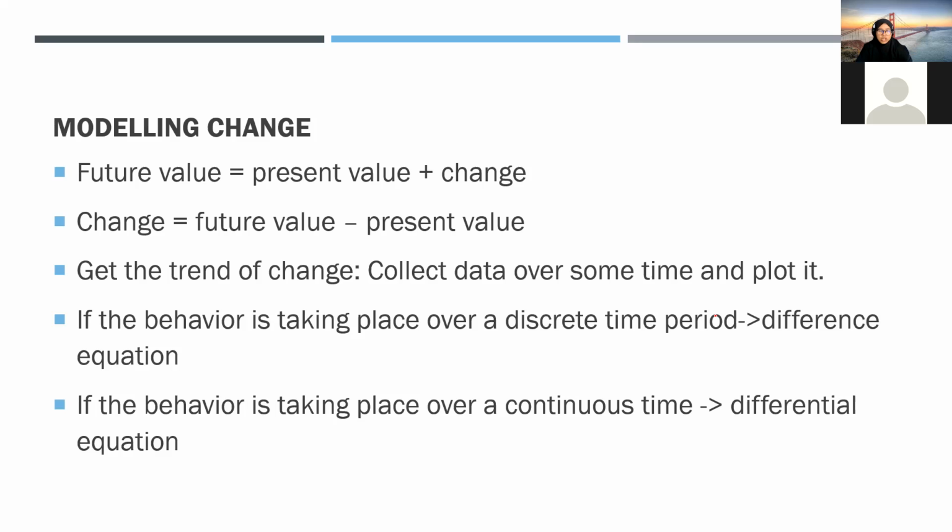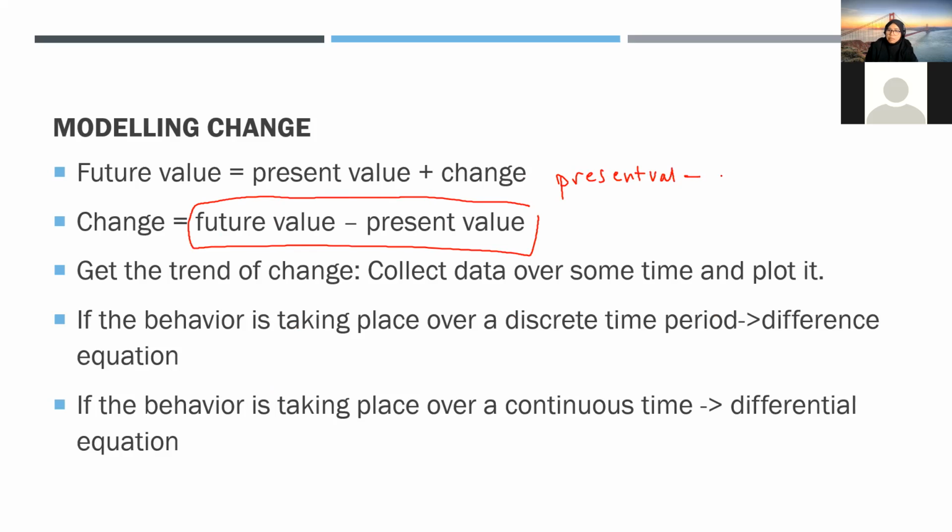How to find the change? The future value minus the present value. Or you can also say present value minus past value, because you don't know the future. That is going to be an equivalent definition.